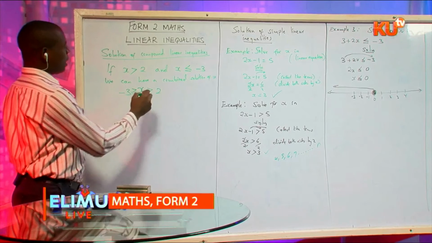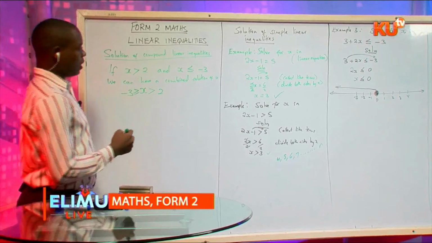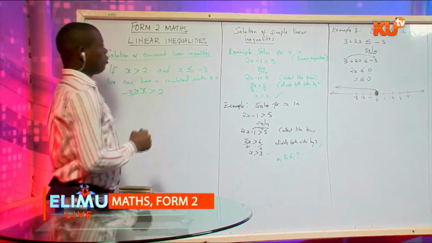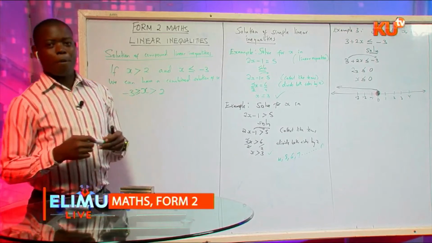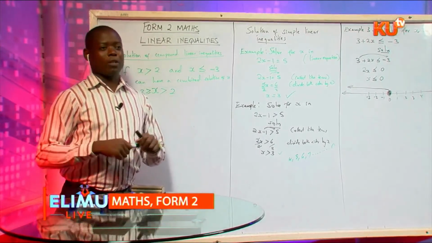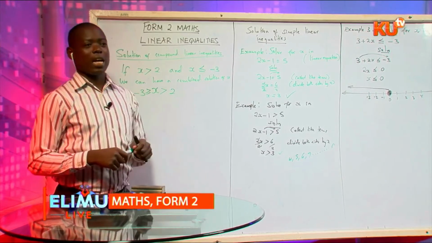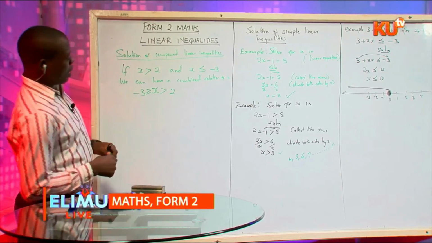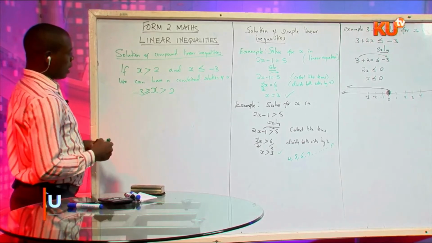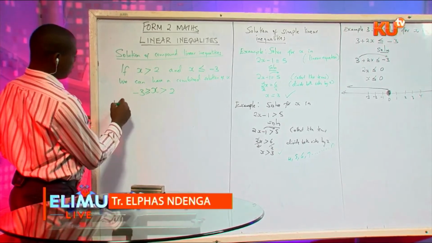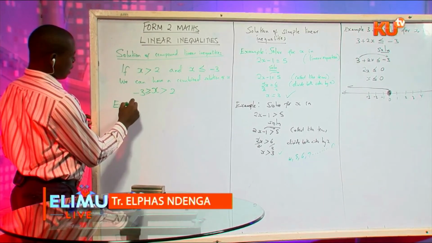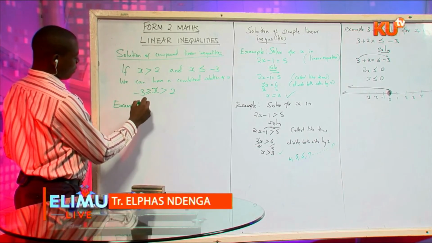So this becomes a combined solution. And so this is now what will constitute what we call compound linear inequalities, where we bring more than one inequality sign in one equation. And so I want us to use this example to illustrate basically what we mean.